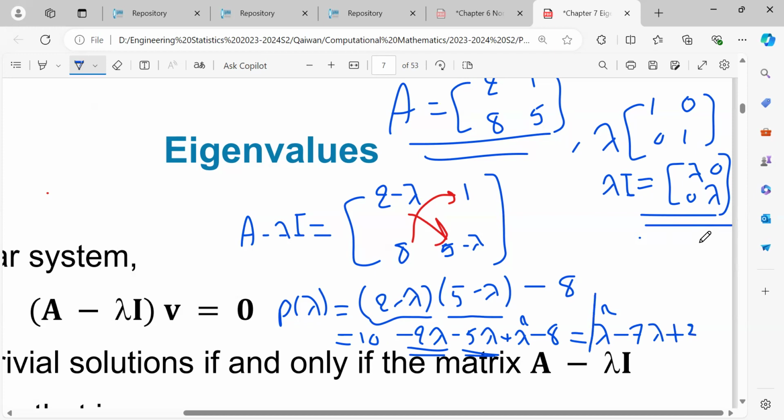This is the polynomial. We find the roots of this polynomial. The roots of this polynomial are the values of lambda. The roots of this polynomial are the eigenvalues.